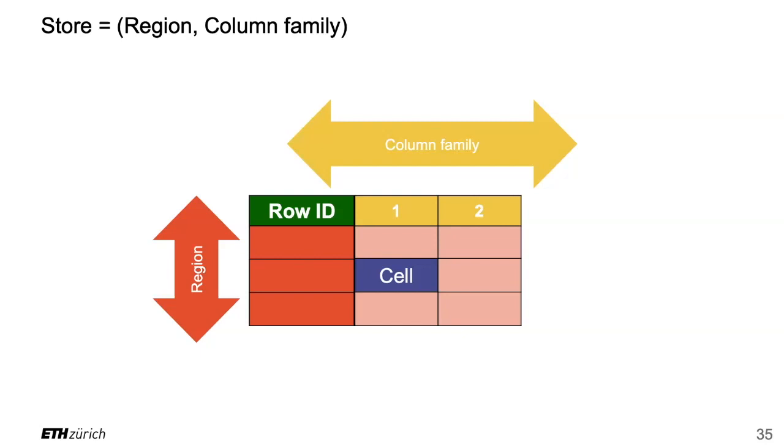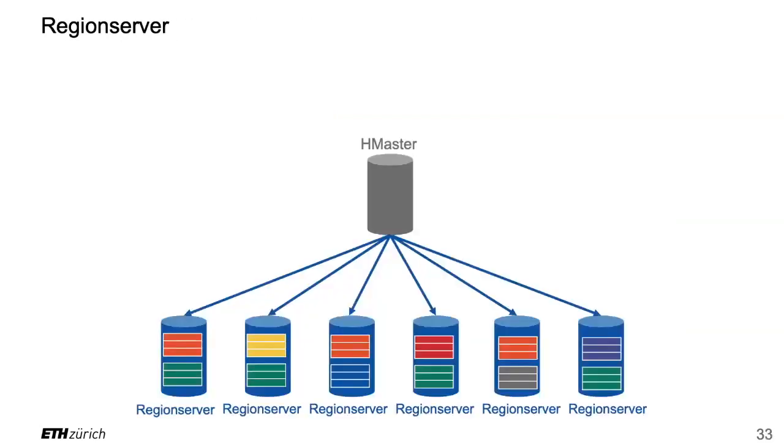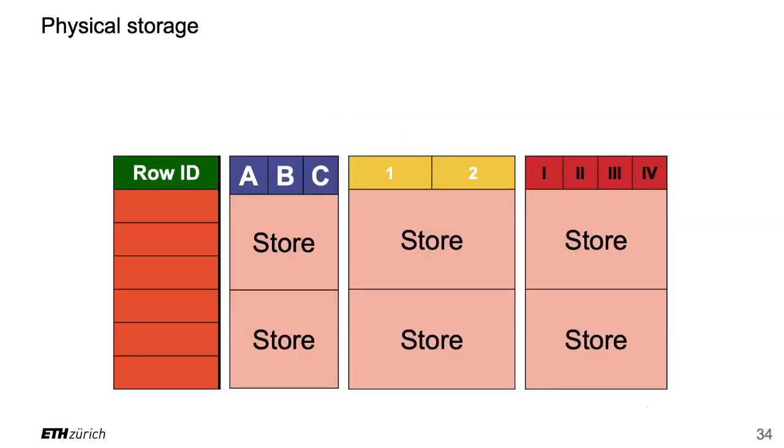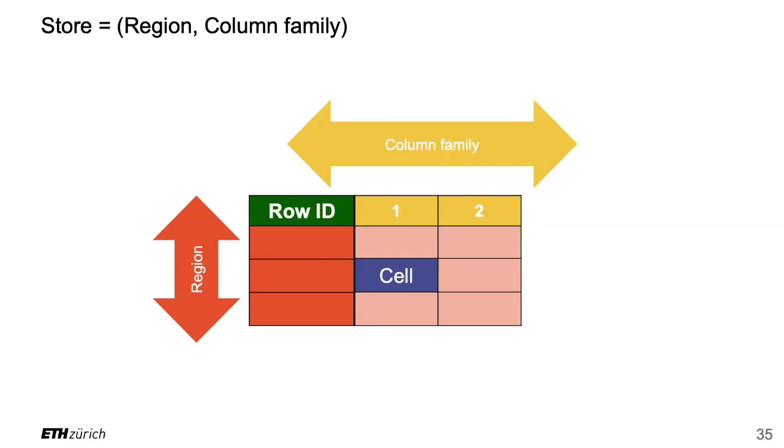The intersection of a specific row ID and a specific column is called a cell, right? So again, I summarize: we have the entire table, then the regions, which are horizontal partitions. Within the regions, we have the partitions, also called stores, and within the store, we have cells. Each cell corresponds to one row ID and one column.